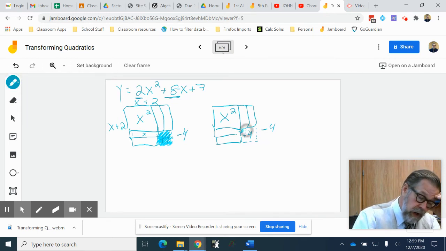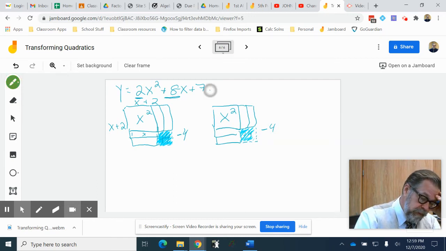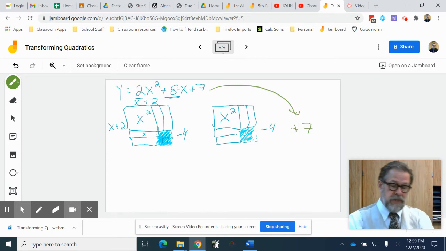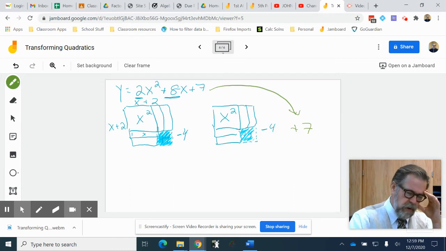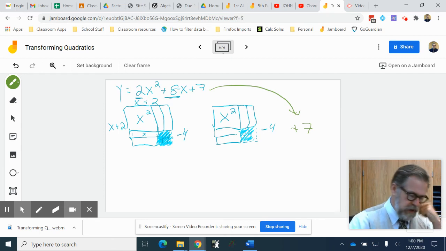And I'm going to bring my 7 over and just write plus 7 off to the side. There are other strategies where you use the 7 to try to fill in. You recognize that I could have put 4 of those here and 3 of those there. And then I find it a whole lot easier to just ignore the 7 until the end.